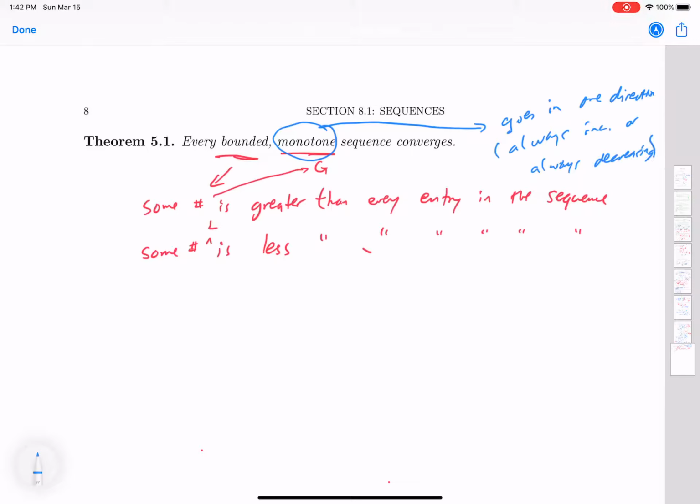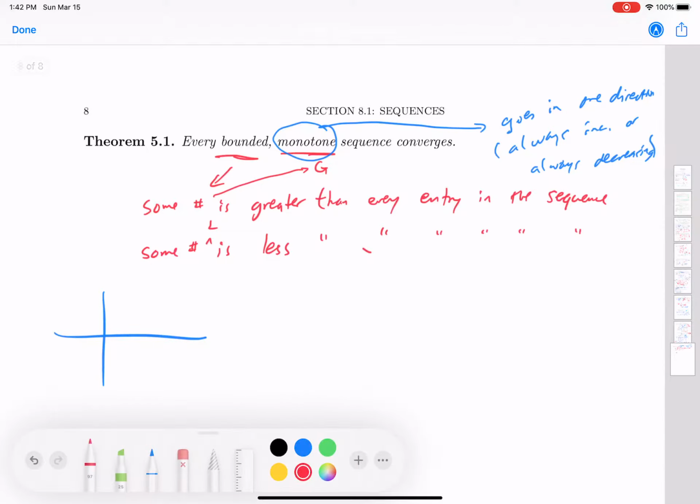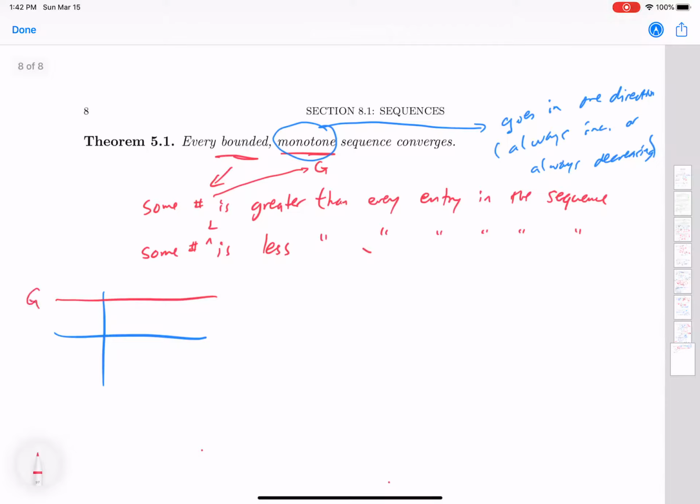So the idea here, if I wanted to show this graphically, is suppose I had some value g, and these dots represent the values in my sequence. These would always have to be less than g, and because I'm monotone, this is going to keep increasing. And basically the idea is it's either going to level out somewhere before it gets to g, or it's going to level out when it gets to g.